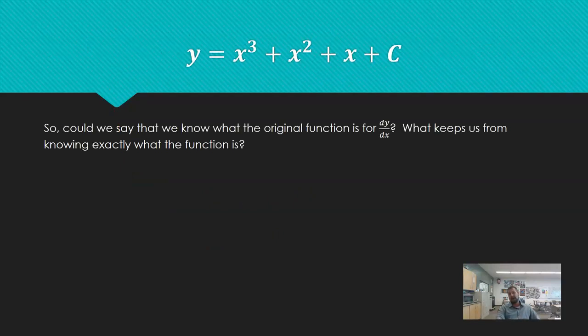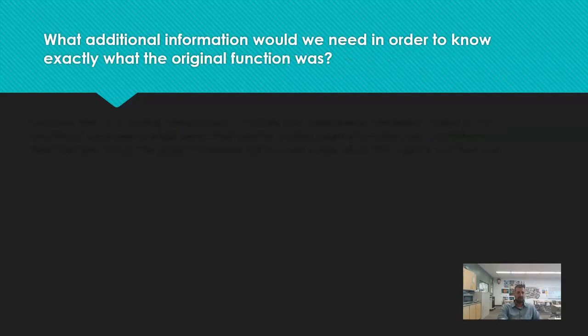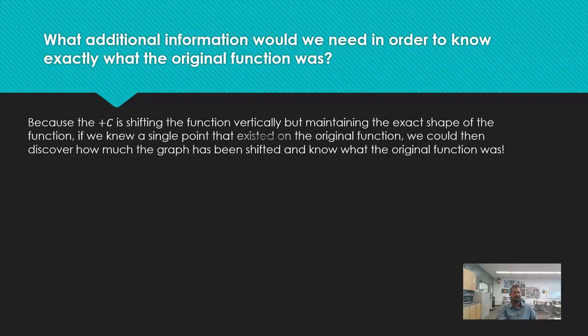Now, I know that I've got that plus c, but the problem is that it doesn't tell me exactly what the original function was. I just know that I have basically what it is plus this c on the end. So the additional piece of information we would need in order to find the original function is how much that function has been shifted up or down.